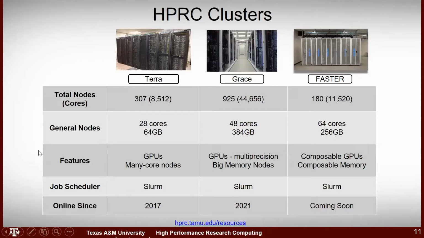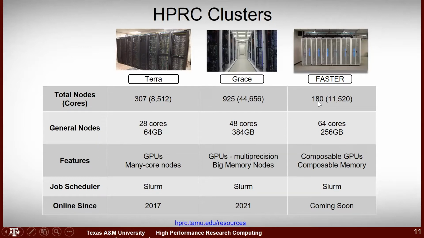So about those clusters: Terra has 307 nodes with a total combined 8,512 cores. Grace has more. Grace has 925 nodes with a total of 44,656 cores.